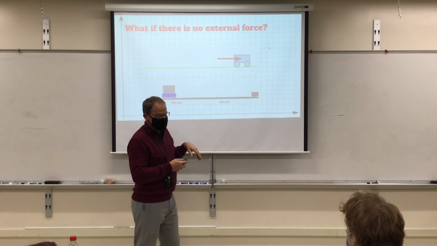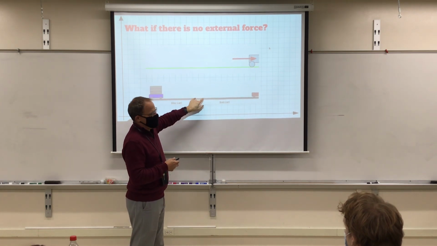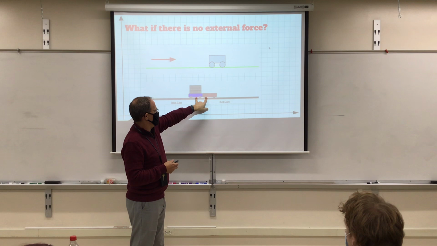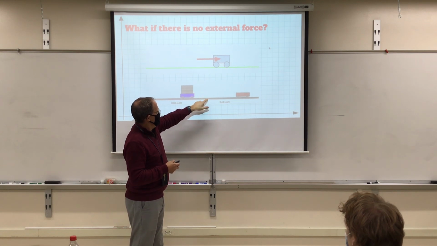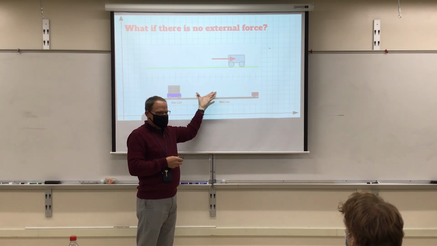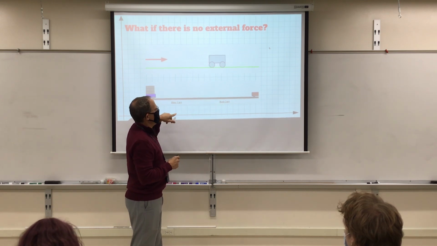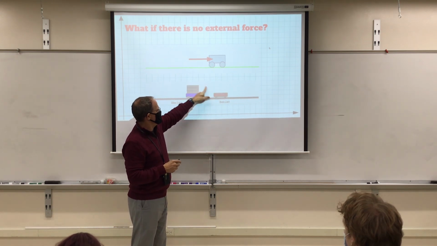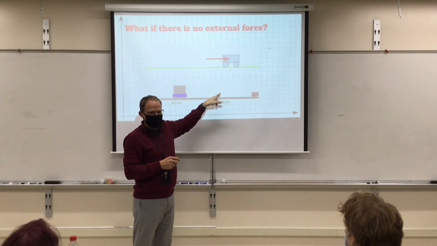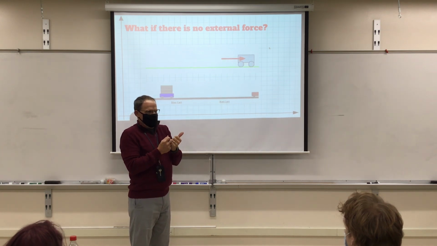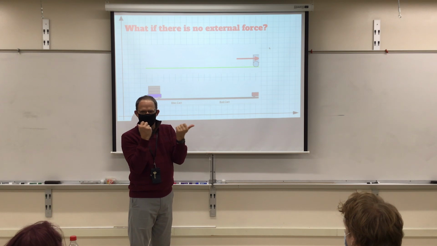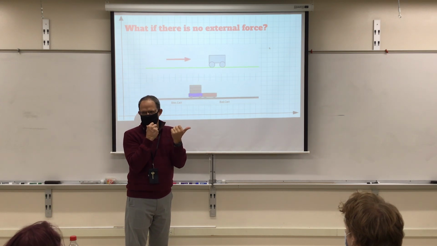Okay? That's the idea. Look at the bottom one here. I've got two cars. They're sitting together, or they will be. There they are. An explosion or a spring pushes them apart, and they go flying in opposite directions. Were there any external forces on this system? No. The cars pushed on each other, but those are internal forces.